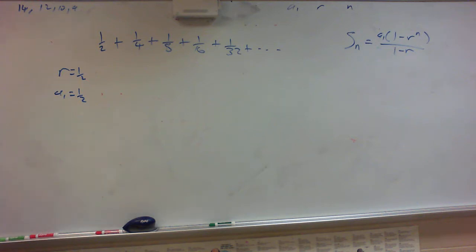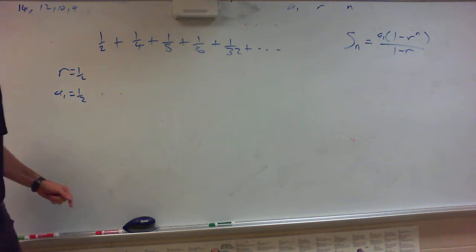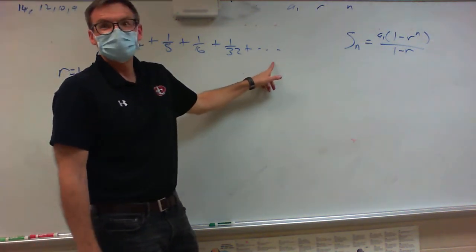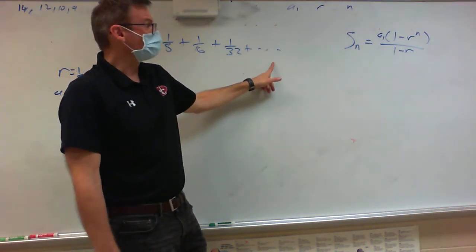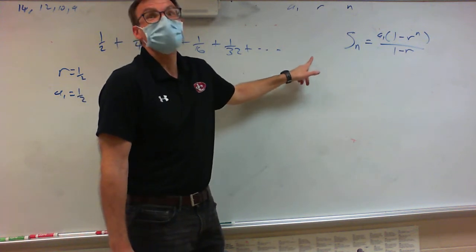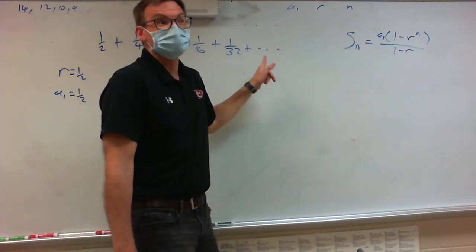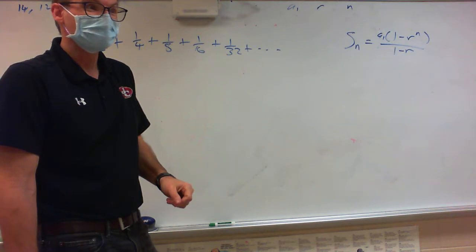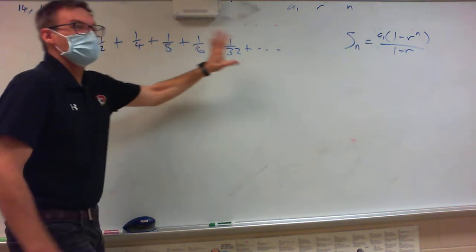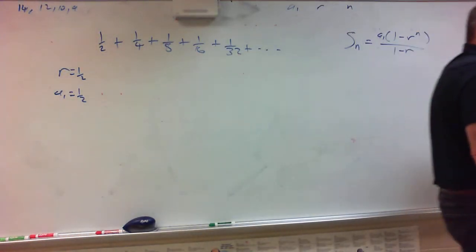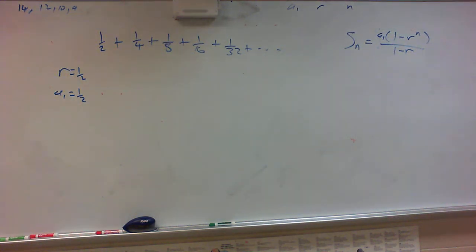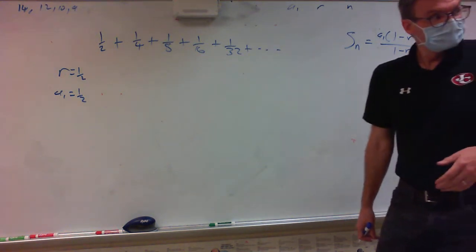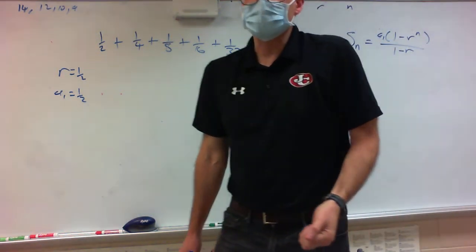But the difference about this question and all that I did yesterday is, see that I have a dot, dot, dot? Normally when I give a dot, dot, dot, I put a term where it ends. This one doesn't end. So we just keep adding numbers, and you'd think that if you keep adding numbers, they keep getting bigger and bigger, and you wouldn't be able to get an answer.